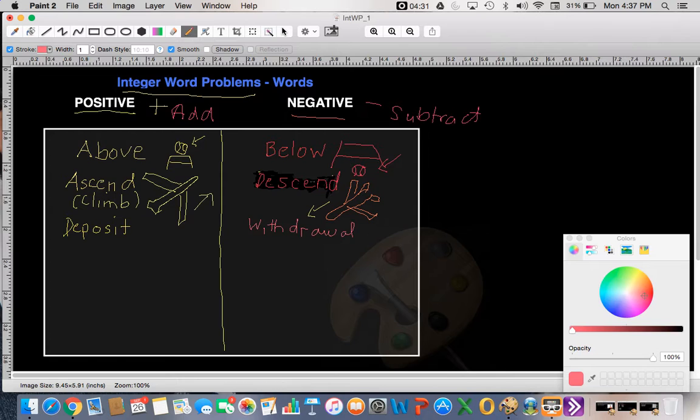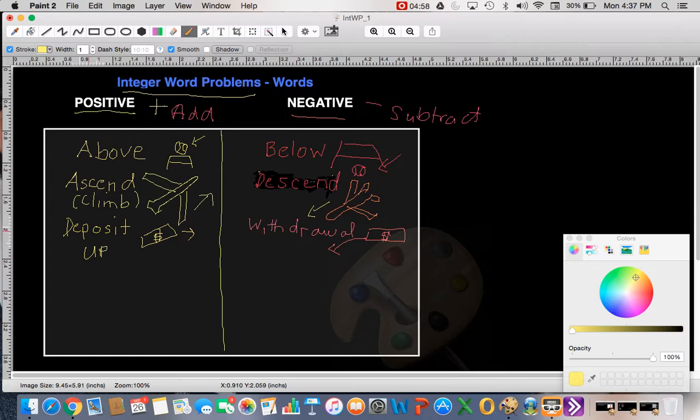These words talk about money which goes inside the bank, money deposited to the bank, or money taken out of the bank.